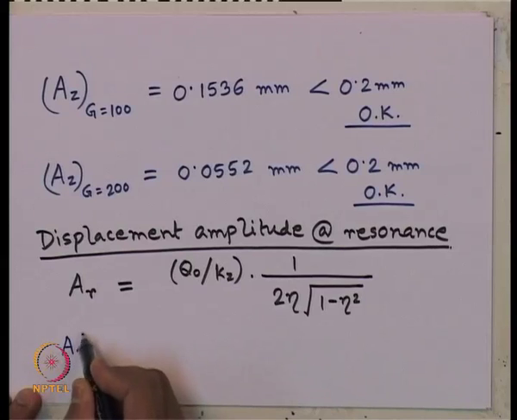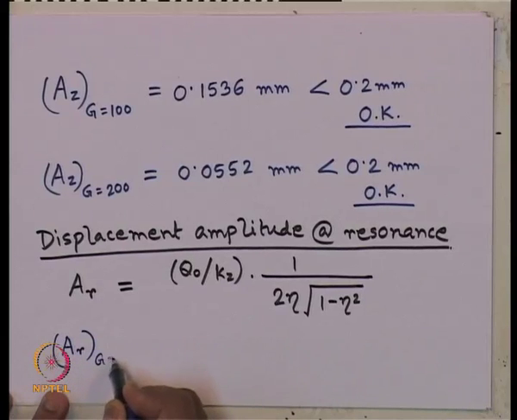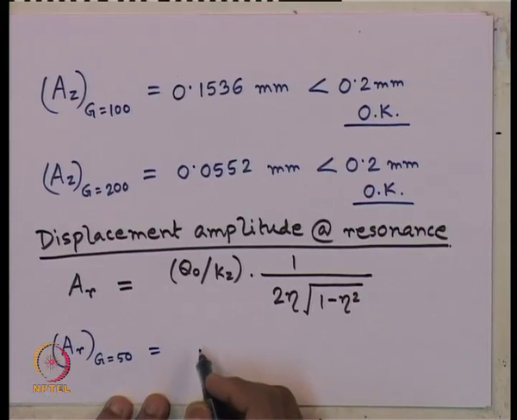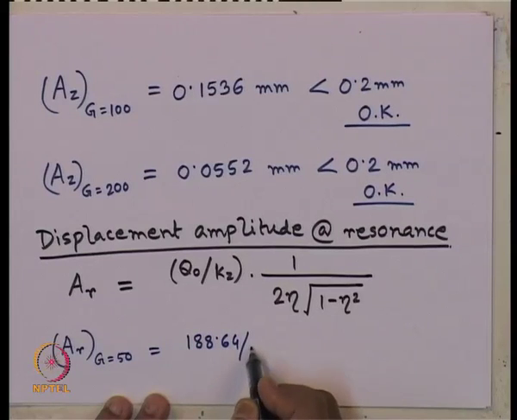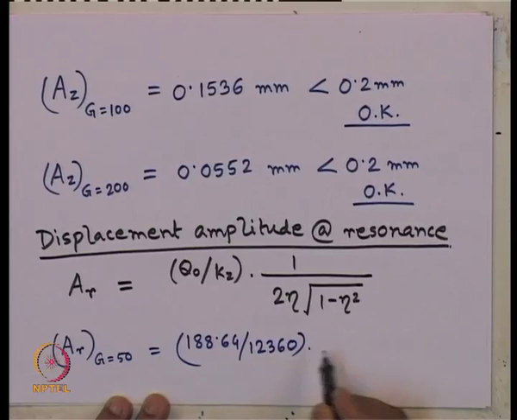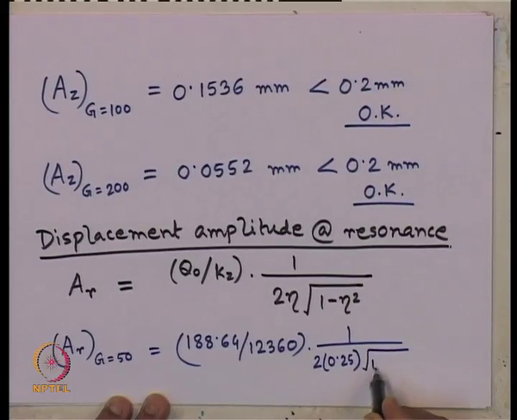AR for G equals to 50 will be Q naught is 188.64 by 12360 times 1 by 2 eta is 0.25 root over 1 minus 0.25 square.